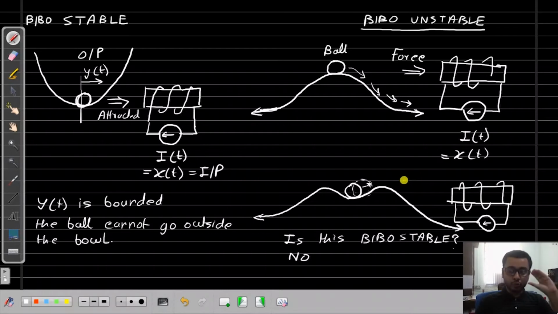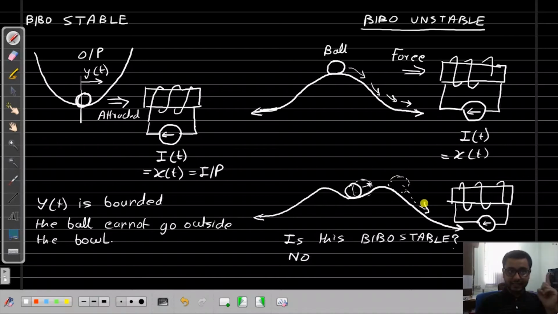So for such small bounded inputs, the output is also bounded. But if you give a higher input, still bounded, you don't need infinite current but maybe a large current, that can be enough to pull this ball up to this point, and after that this ball will continue to fall, continue to move towards the right without any bound.